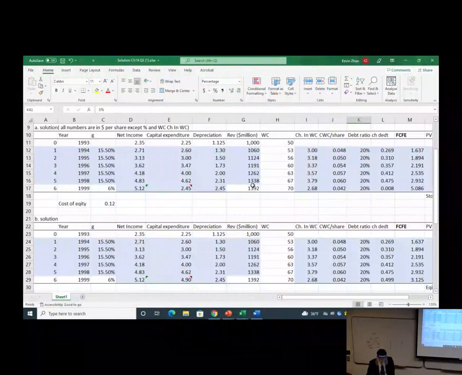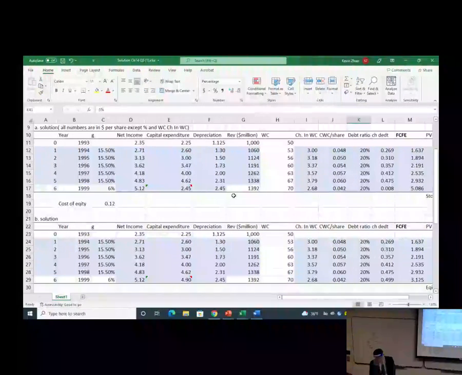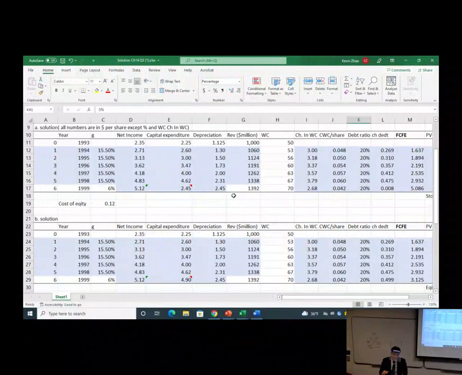And sometimes you need to build a side table to calculate the cost of equity or cost of capital. Right? But once you put everything together, it should look like this. But sometimes there's some variation depending on the way that you estimate free cash flow to equity.